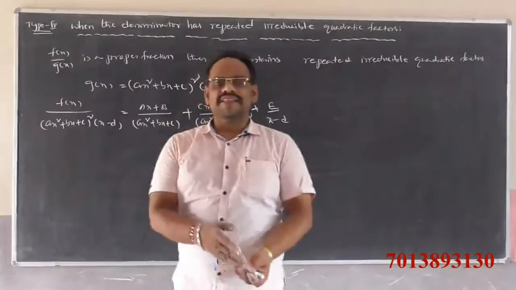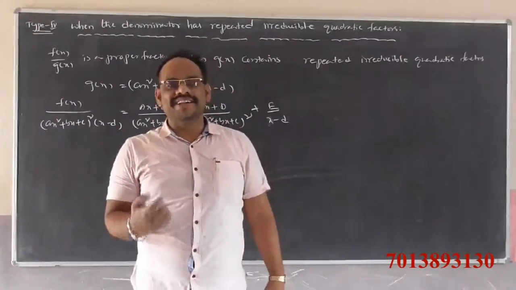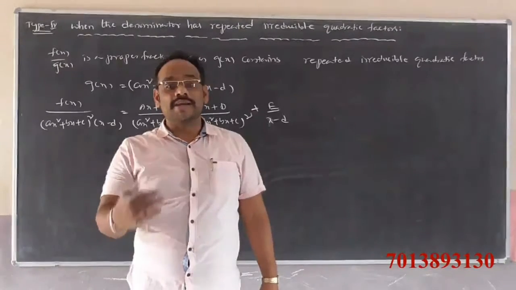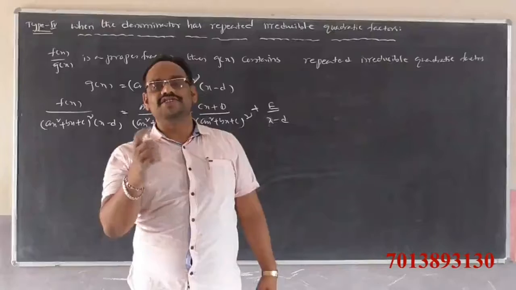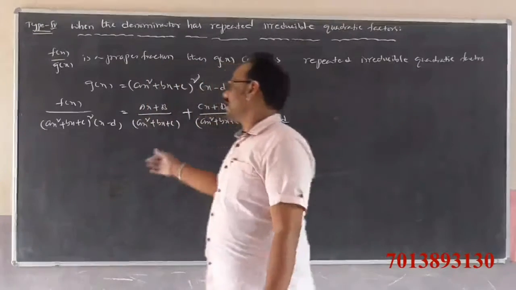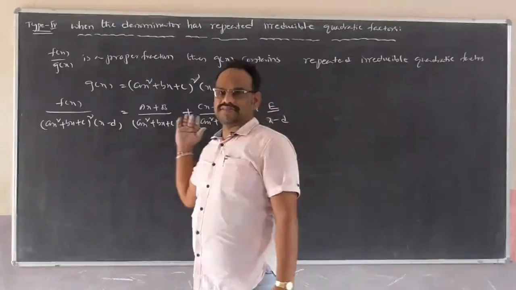When the denominator contains repeated irreducible quadratic factors, it can be resolved like this.